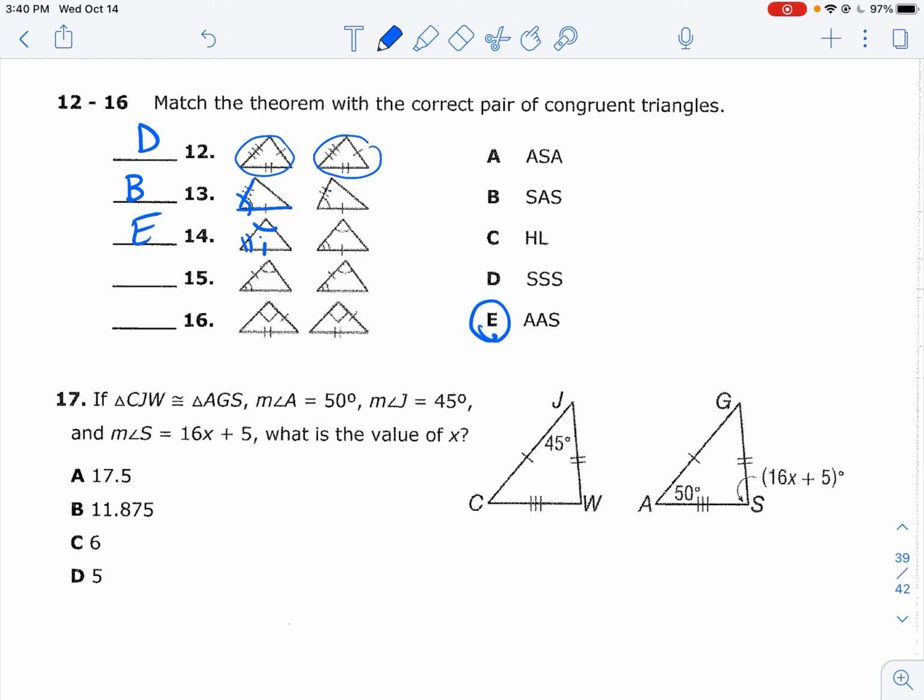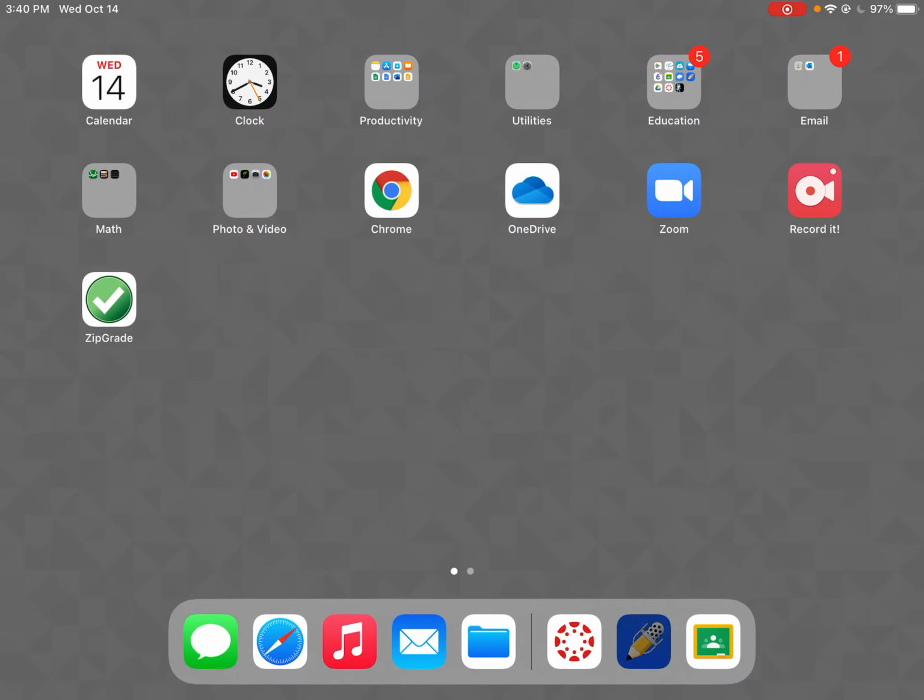So that is angle, angle, side. In 15, angle, side, angle. And so that's letter A. And in the last one, this is a right triangle. So we've got a hypotenuse and a leg. And so I'm going to use choice C for that last one.